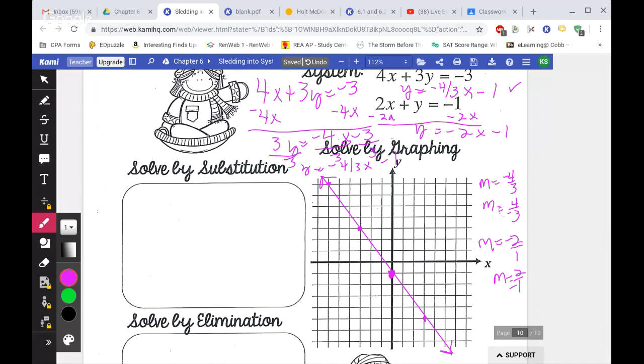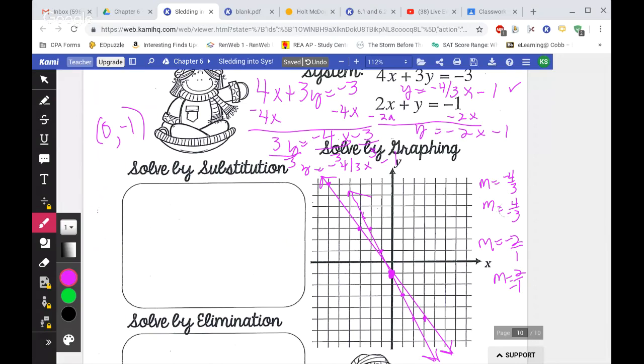So if I go up 2, I'm going to go left 1. Up 2, left 1. Or I'll go down 2, right 1. Down 2, right 1. And that line looks like that. But our y-intercept was actually our solution to the equation.